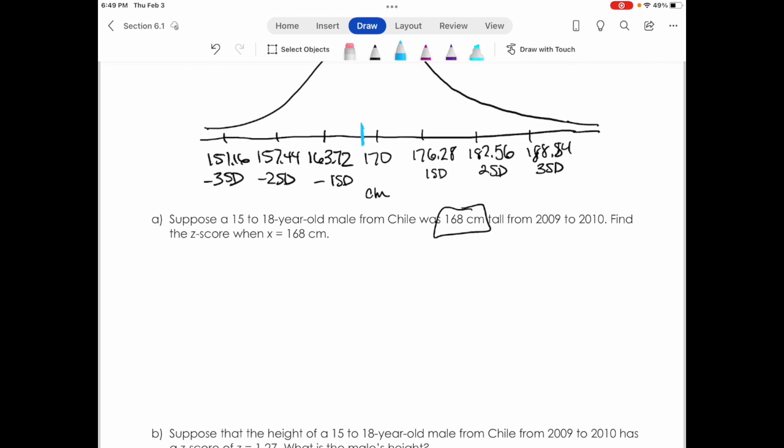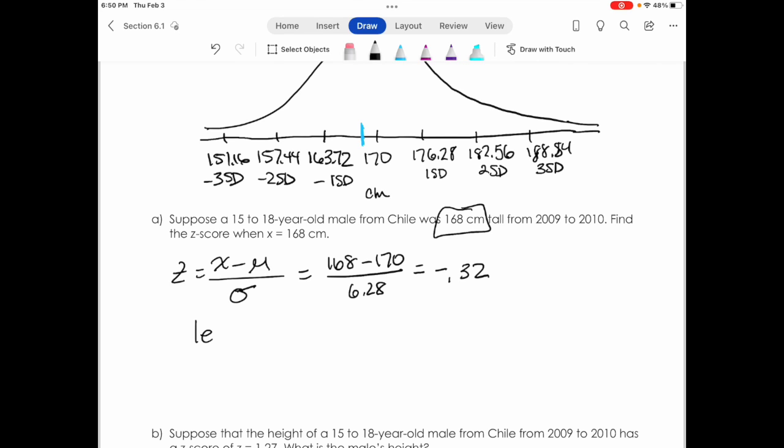So I'm expecting that my value of z should come out negative. So using our formula, my x, which is my data value, that's 168, minus my mean over my standard deviation. When you put that in on the calculator, you should get -0.32. Because it's negative, we know that it's on the left side of the mean.